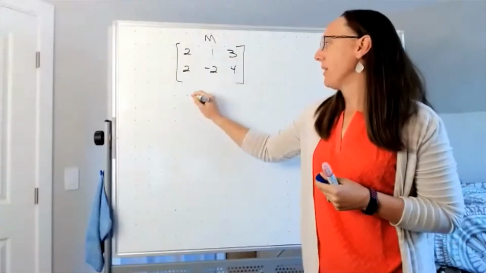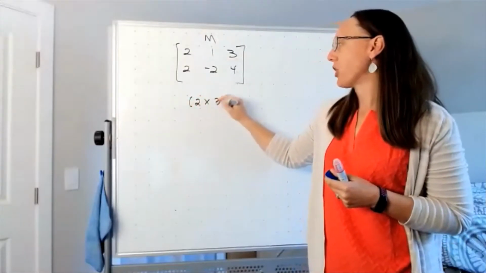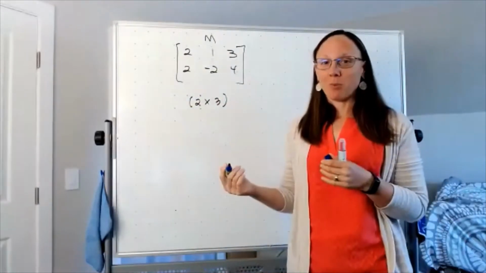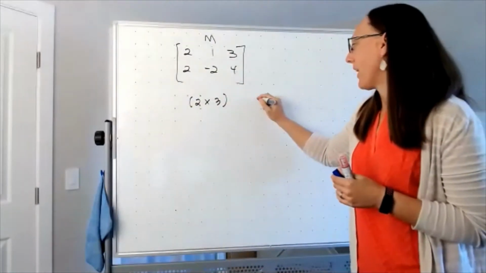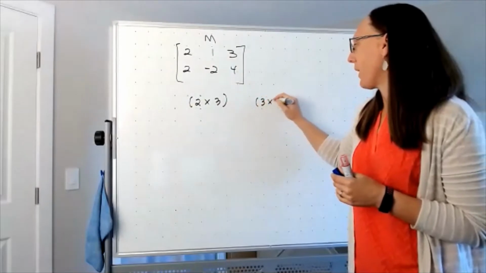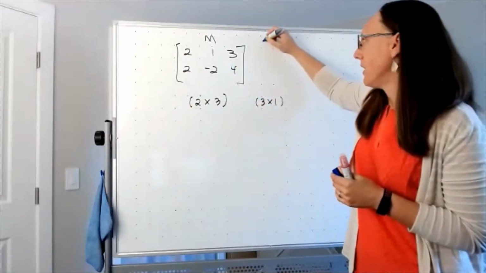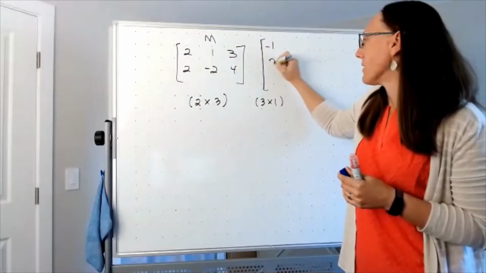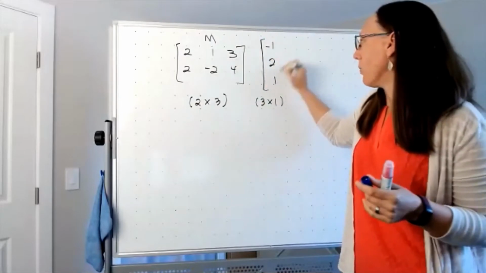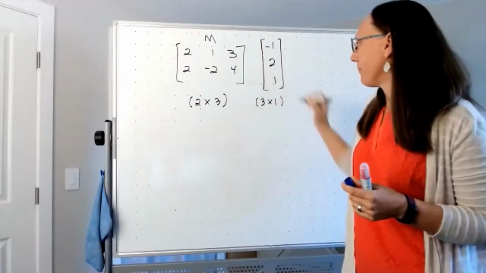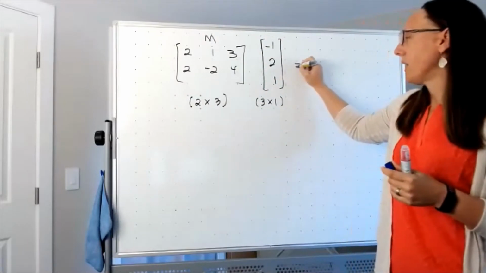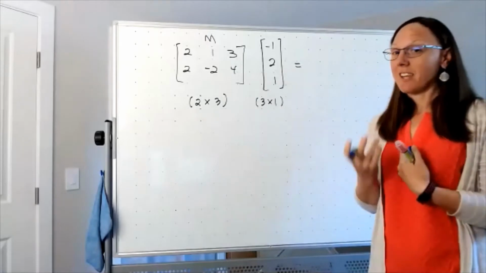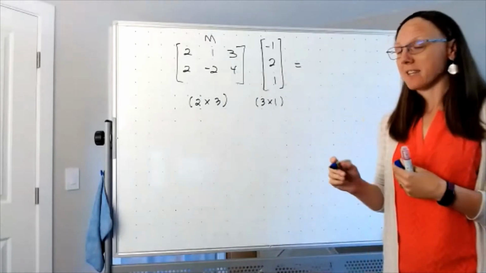And M, we said, is a 2 by 3 matrix. And what I want to do is multiply this by a 3 by 1 matrix. And I'm going to say that's -1, 2, 1. And to compute the result, the first thing that I want to do is to know how big it is.